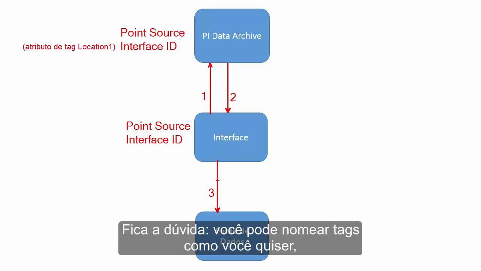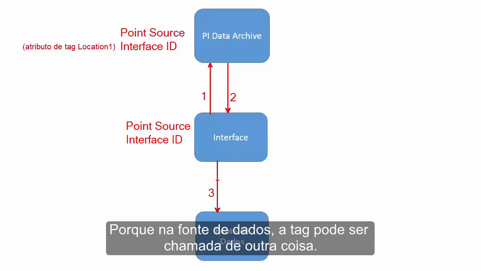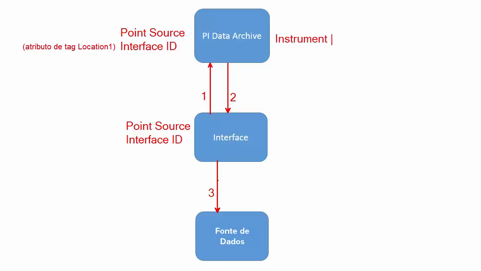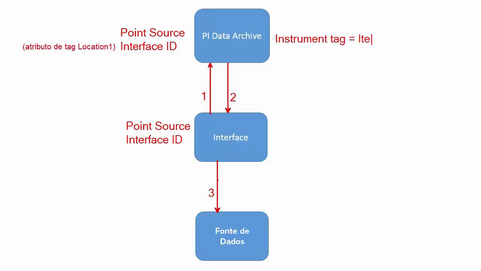So now the question is, you can name your tags whatever you want. How are you going to supply the information to the data source saying, give me the point value for this particular tag, because on the data source it can be called something else? So the way we do it is we have another identifier which we configure on the PyPoint, which is called instrument tag, and we map it to something called item ID.